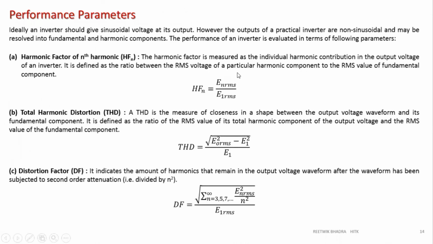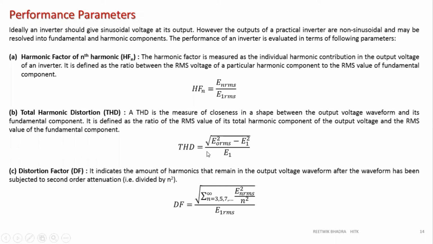These are the important formulas we should remember. HFn is the harmonic factor at the nth harmonic, which is given by En RMS divided by E1 RMS; for the third harmonic, it is E3 RMS divided by E1 RMS. All are calculated with respect to the fundamental component.